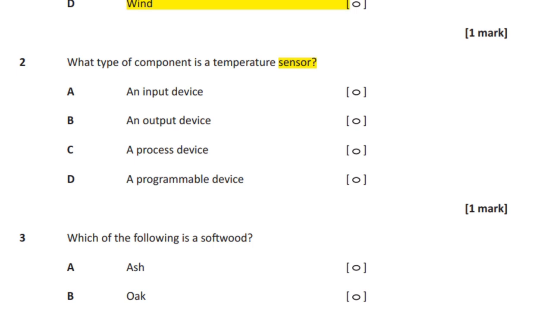If something has a temperature sensor, that means that it's trying to read the temperature in the atmosphere or environment, which then would be processed by the middle section, which is the processor, and then the output might be that there is an alarm if a temperature has reached too high a level, or if, for example, it is used to bring back down the temperature. So, for example, in an oven, you would have a temperature sensor to keep the temperature within a certain range. Okay, right. So it would have to be input device is a temperature sensor.